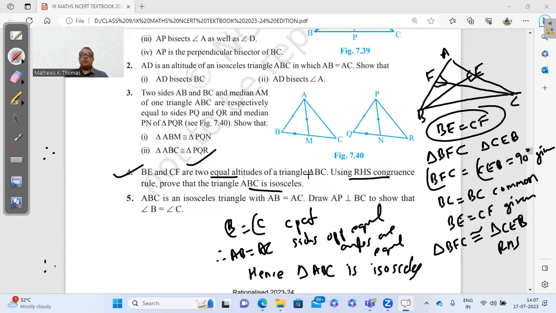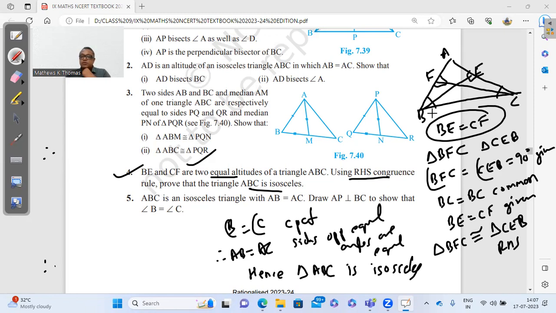So this is how we prove the fourth question that it is isosceles. First, prove the triangles congruent by RHS. And then we get angle B equal to C by CPCT, right? These are corresponding parts of congruent triangles. And then we are again using the property that if angles are equal, sides opposite to them will be equal.